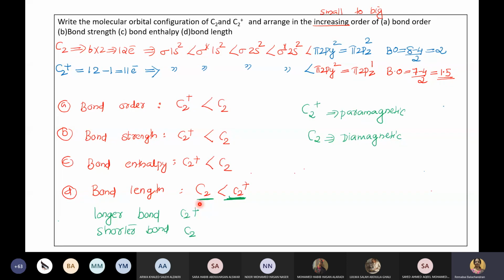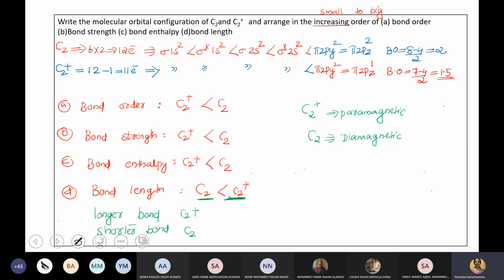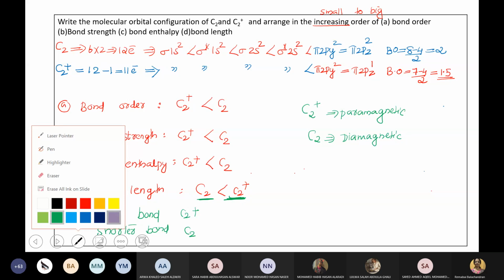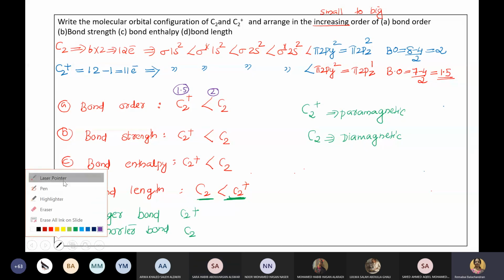See, first one's bond order: C2 plus bond order is 1.5. This is 2. Based on this, I wrote all this. Understood now? Or you still want me to explain more?